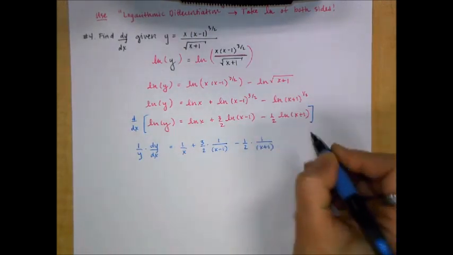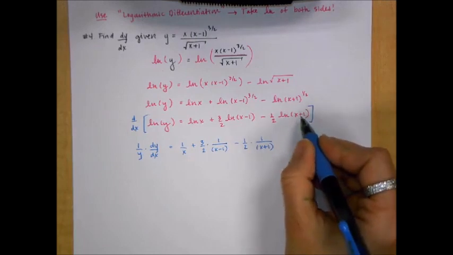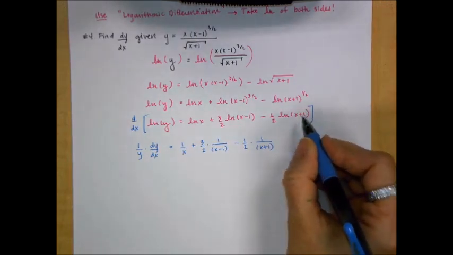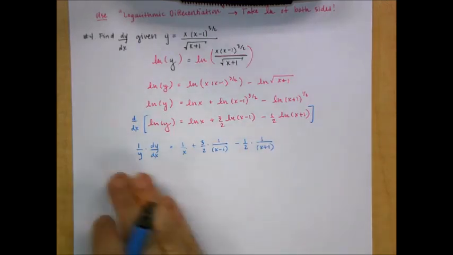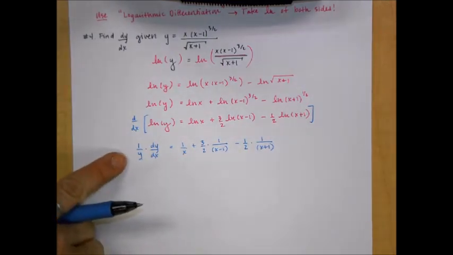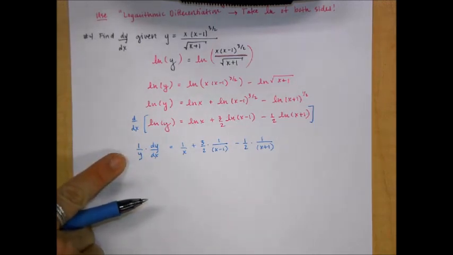So this is what we have for a derivative, a much easier derivative. And that was the only calculus we had to do, just the derivative with a log, so that new derivative rule. The only thing we have to do now is get dy dx by itself.